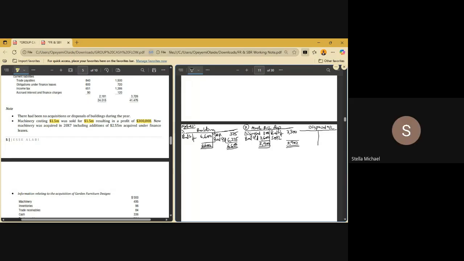So this is the disposal account we're looking for. The machinery itself, they said it cost 1.5 million and was sold for 1.5 million. But with that disposal, there was a profit. You know, profit would have been credited in the SOPL, so it will be debited here, 300.